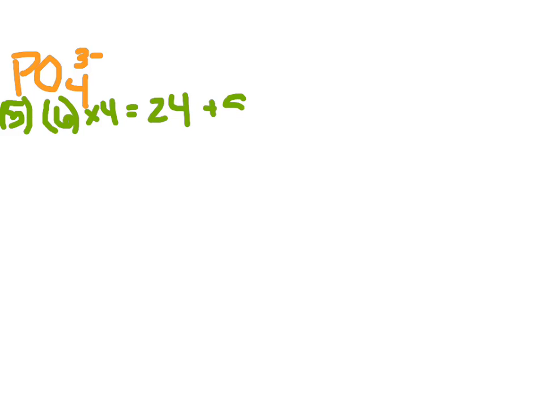So your phosphorus is in group 15, which has 5 valence electrons. O is in 16, which has 6. But there's 4 of those, so that's 24 electrons, plus 5, because you only have 1 phosphorus, which is 29. So you need to end up with 29 electrons, and we're going to see if we do when we draw it.